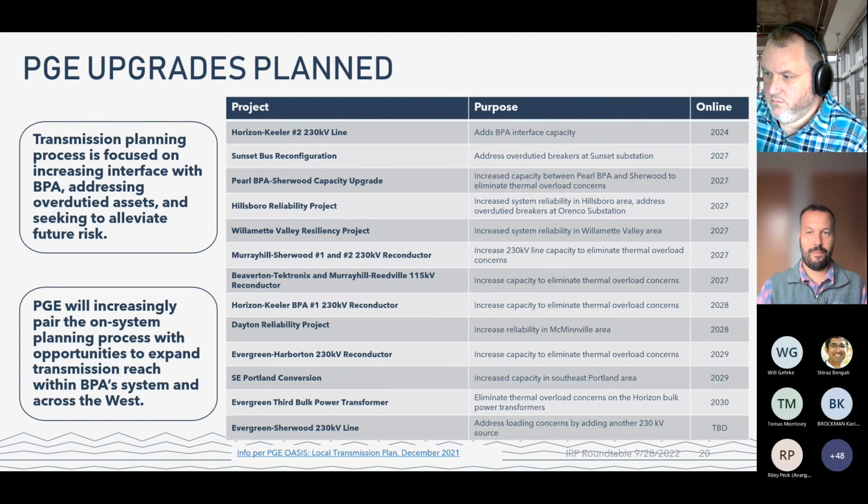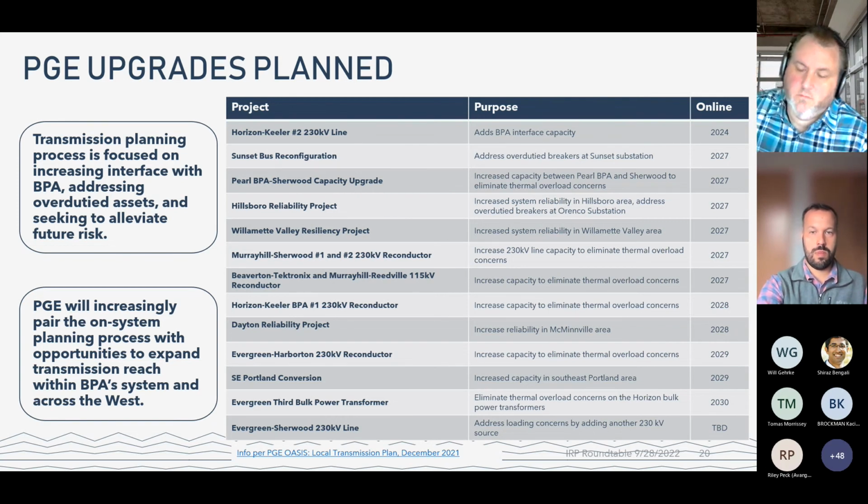But we need to get to a point where Bonneville can say, okay, this for sure is going to be done, just like it did with the Raber-Schultz series caps on Cross Cascade North. So it can then put it into its plan and announce that this is going to be done by 2027, both its work and PGE's work, whatever we need to do to get them comfortable enough to do that. And then they can identify what the loadings are from the 2021 and 2022 cluster studies, and we'll know whether we've got just 500 megawatts or something significantly more.